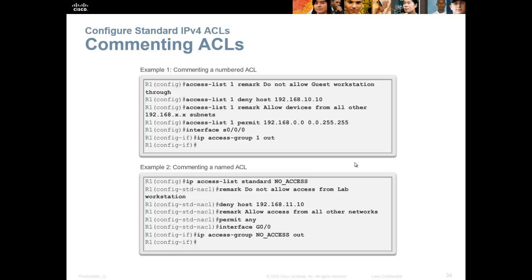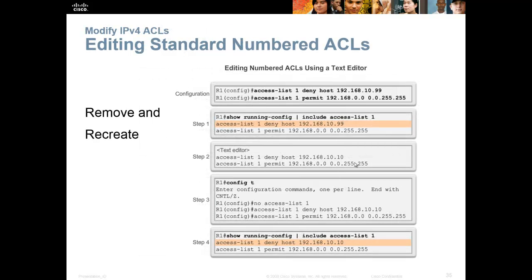All right, editing access lists. Oh, what a pain in the butt. Basically, what you have to do with standard access lists is remove and recreate. So what Cisco says is, hey, go look at the access list that you have, copy it into a text editor, make your changes, then remove the access list on the router and then paste your new access list.